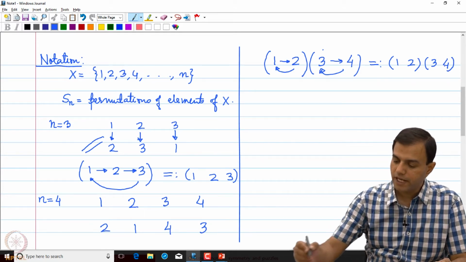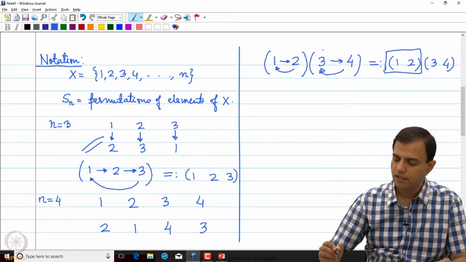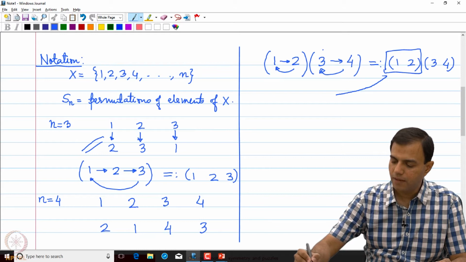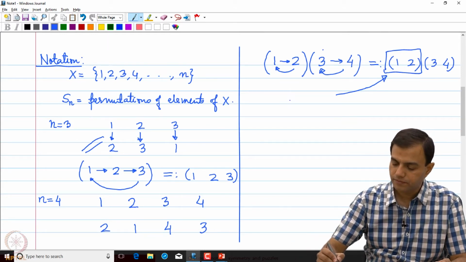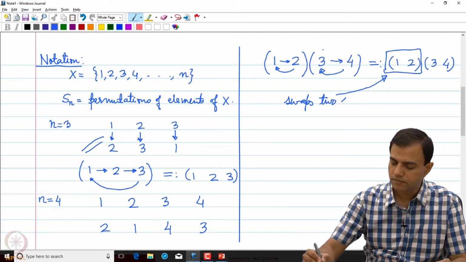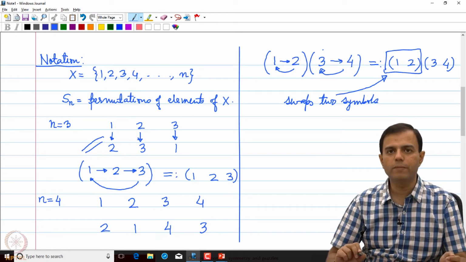So the simplest types of permutations are these. Simply you say (1 2), that means two symbols are being swapped.